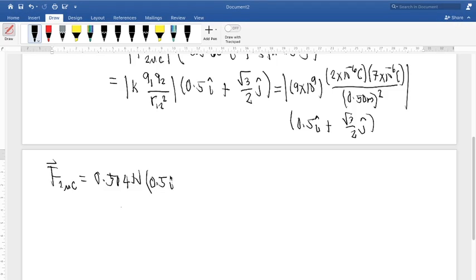Okay, so that is equal to 0.5 i hat plus square root of 3 over 2 j hat. So simplifying, we have to multiply this 0.504 to 0.5 and also with the j hat.